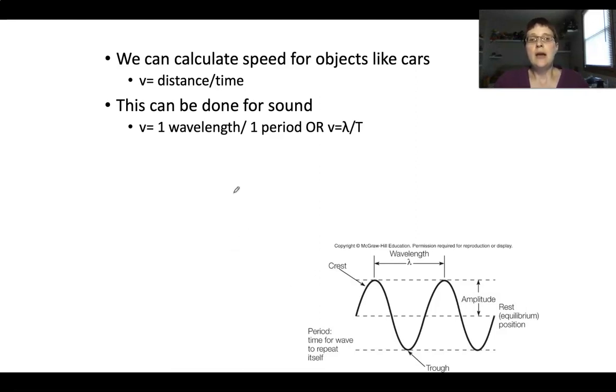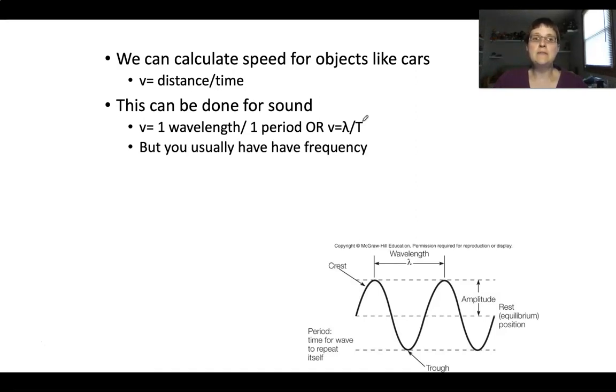So you can get one wavelength per one period, or this formula T. Now, we didn't talk about periods, but this is basically the time for the wave to repeat itself. So this is basically a cycle, okay? But we often don't have the period.